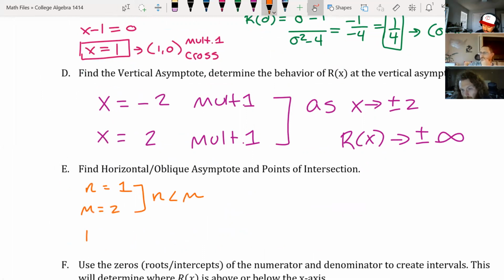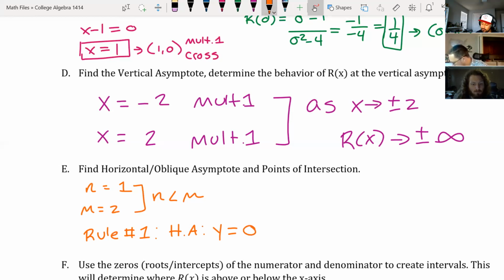This means we have a rule number 1, where my horizontal asymptote is y equals what number? Zero. Good. There it is.